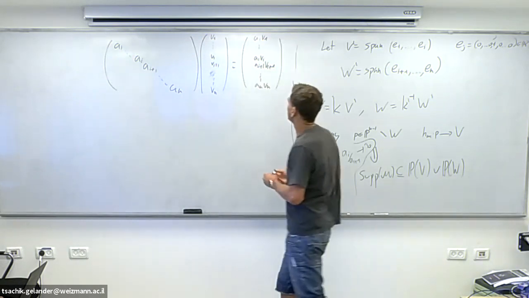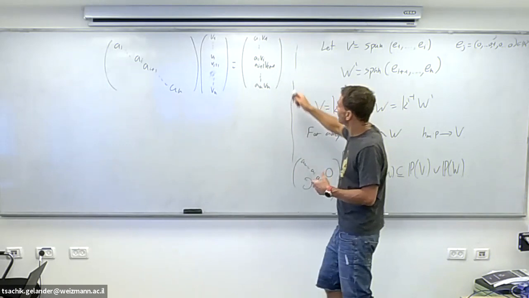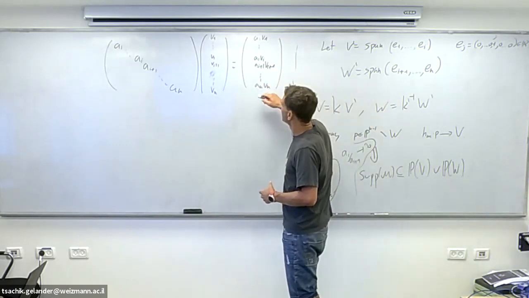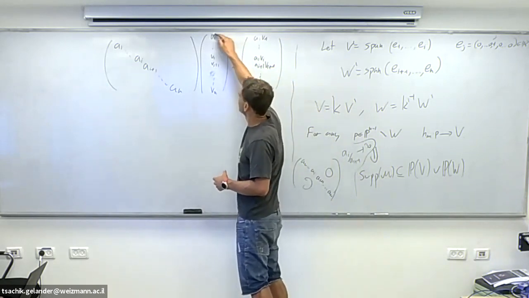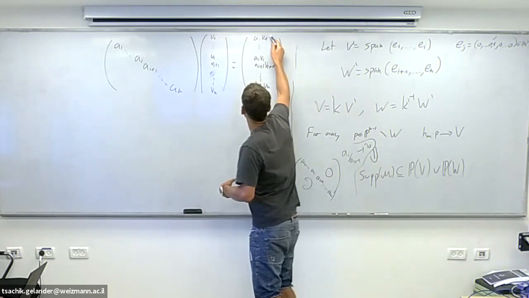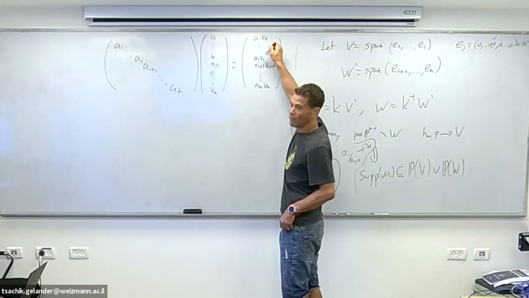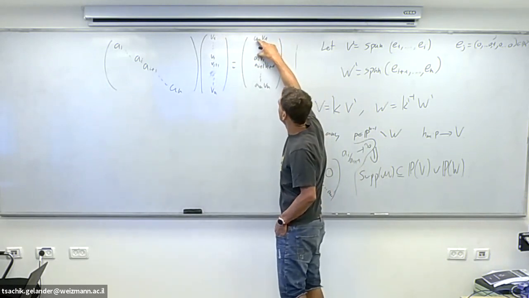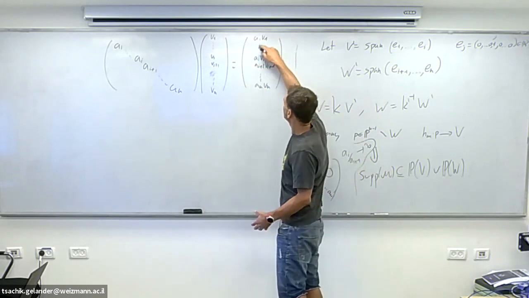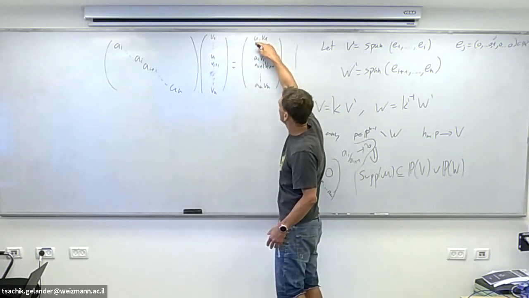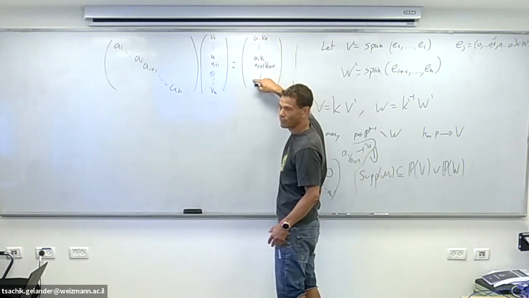And you see that the fact that it's not in W means that one of these is not 0. So here I have something, but the ratio between the coefficient here and the coefficient here goes to infinity. All the coefficients here are much bigger than all of the coefficients here.